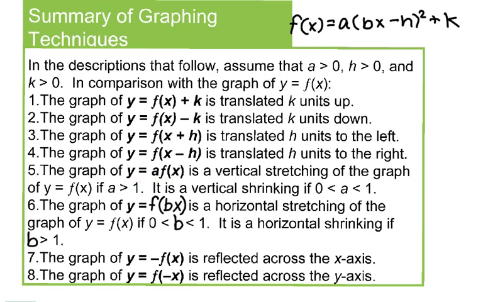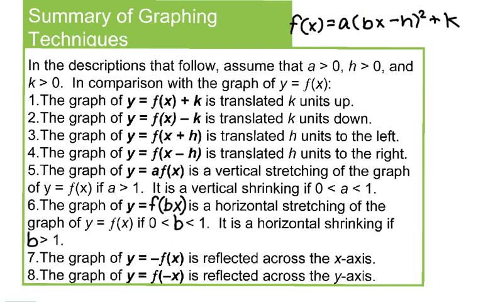And then here it says if we have a multiplier of a right here that is greater than 1, you have a vertical stretch. If it's between 0 and 1, you have a vertical shrink. Now here, if you have a multiplier on x that is between 0 and 1, then you have a horizontal stretch.